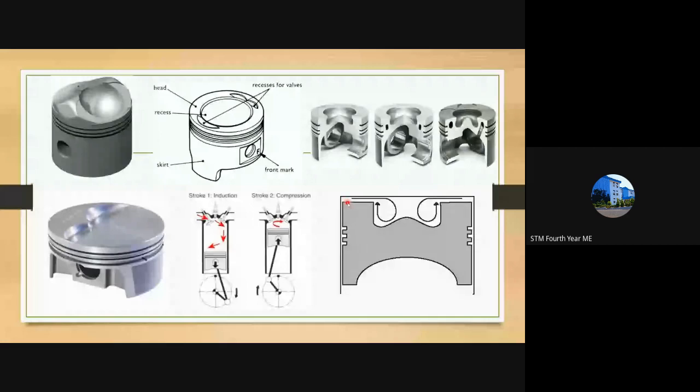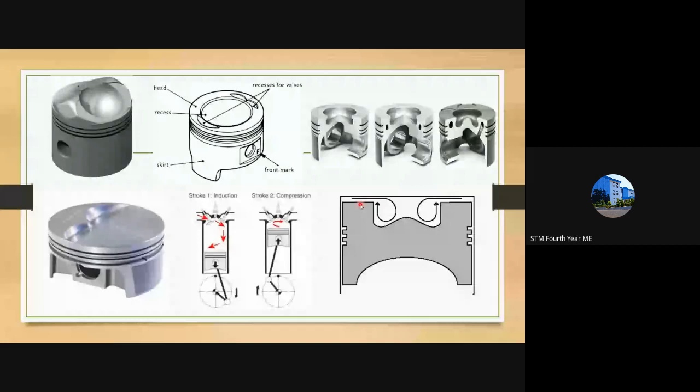When the clearance volume is lower, suppose this is a flat piston, and you compress the fuel air mixture, once it gets compressed, the compressed fuel will exert a heavy pressure onto the piston. Due to insufficient tensile strength, the piston may fracture or get melted. Such things can happen.